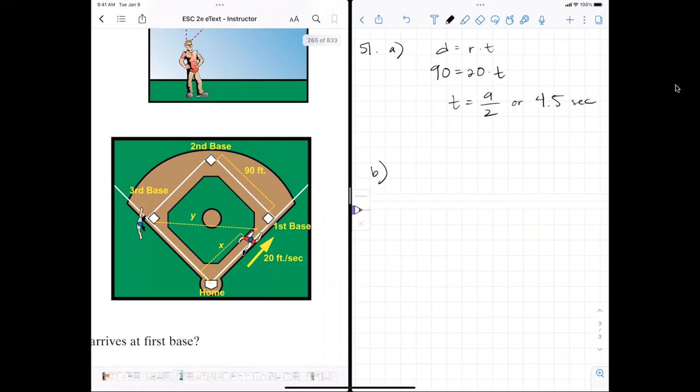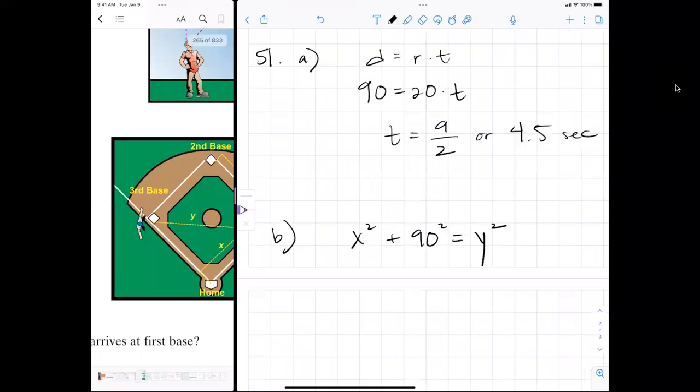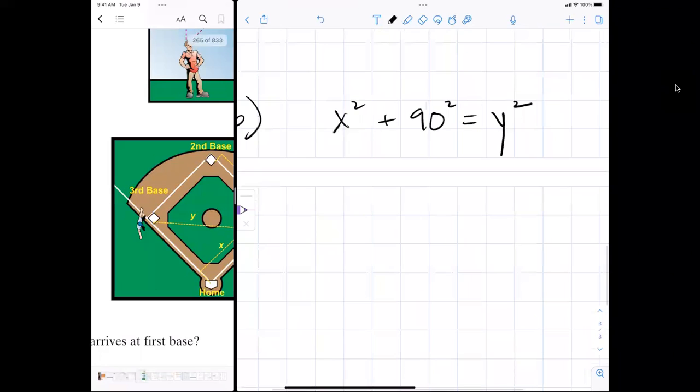So we can set up our equation as x squared plus 90 squared equals y squared. And then we're ready to differentiate with respect to t. So make sure you're showing the step that you're differentiating each term with respect to t.